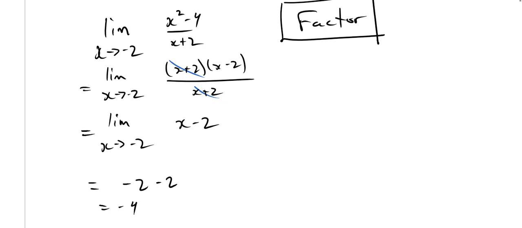So that original function, x squared minus 4 over x plus 2, the value of the function isn't -4 at that point. But it looks like it's supposed to be. It just happens to have a hole there. Otherwise, that is where the graph would be.